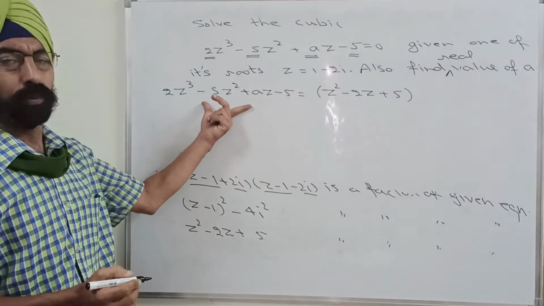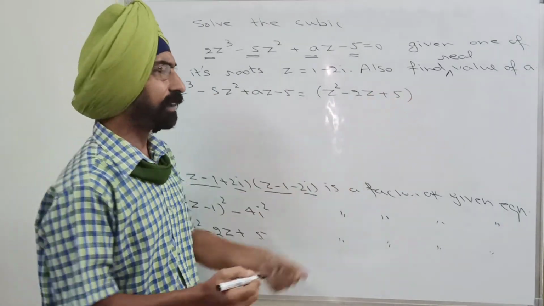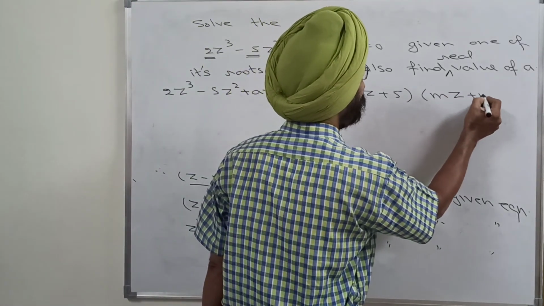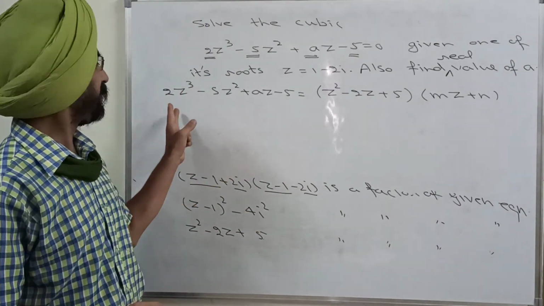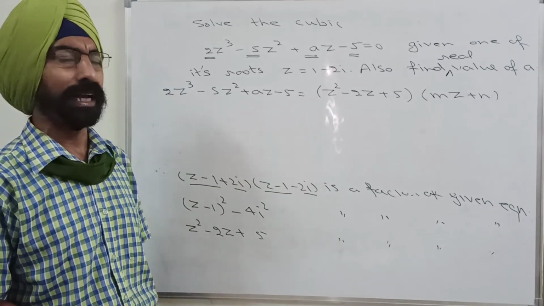This equation is a cubic. One of the factors is a quadratic. Definitely the other one will be linear. So let it be mz plus n. Just equating the coefficients of z cube and constant term, we can find the values of m and n.